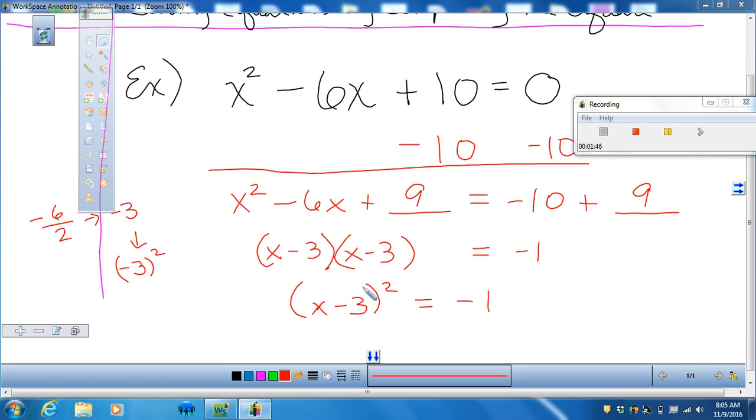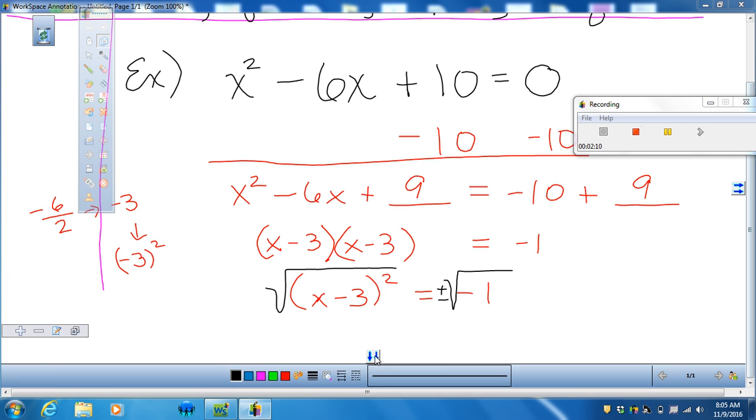Now because this is a square, I can use my square root to undo the square. Whatever I do to one side, I have to do to the other. And remember, anytime you put a square root into the problem yourself, you must consider two possibilities, the positive possibility and the negative possibility.